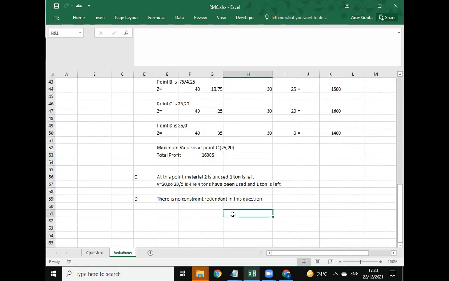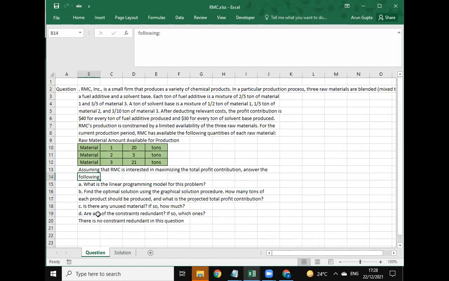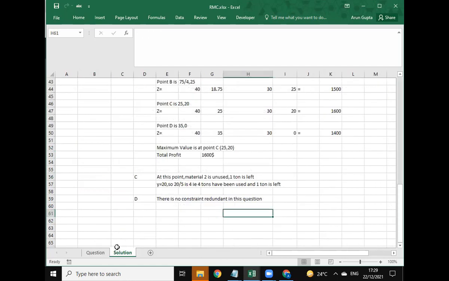And for question part C, it asks, is there any unused material? If so, how much? As we can see, there is an unused material at point B, which is material 2. Here we can say y equals 20.